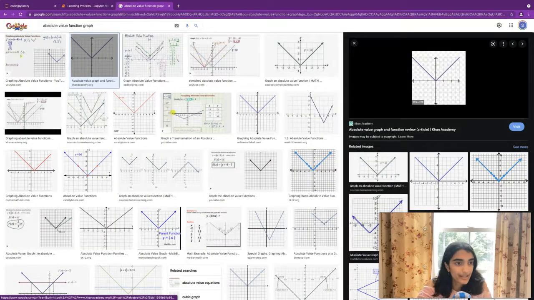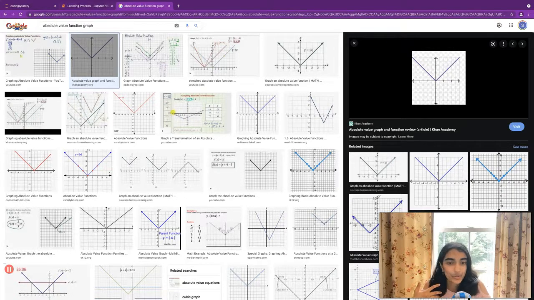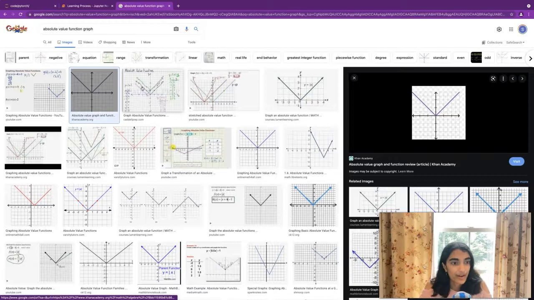There it's a corner, right? That corner means the derivative is not defined. The left side limit and the right side limit are different, and so our derivative is undefined at that point.